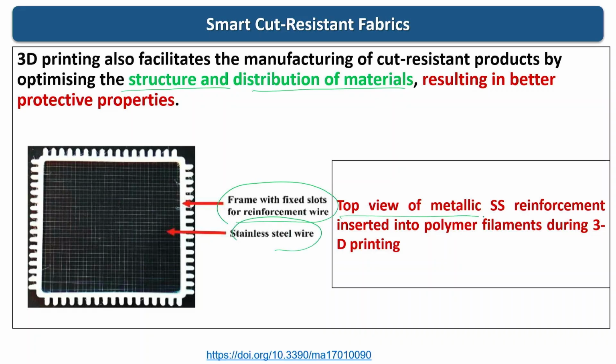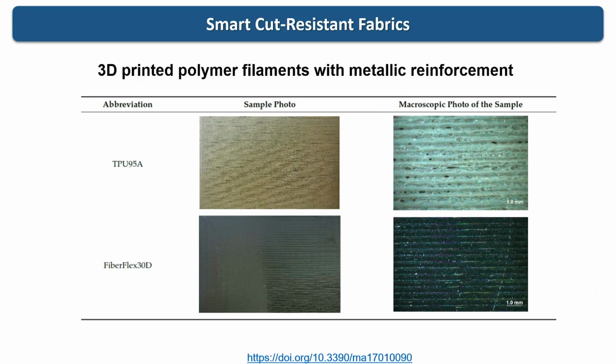The top view of metallic stainless steel reinforcement inserted into polymer filaments during 3D printing. So, during the 3D printing of the cut protective material, we can insert the stainless steel reinforcement which enhances the cut protection.